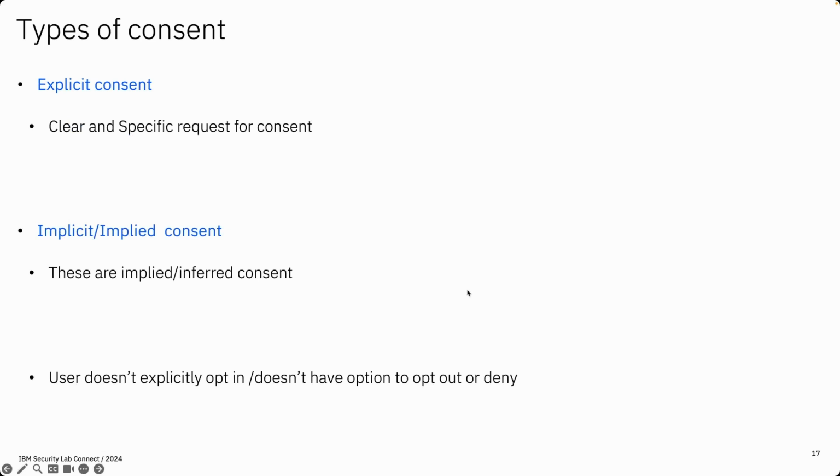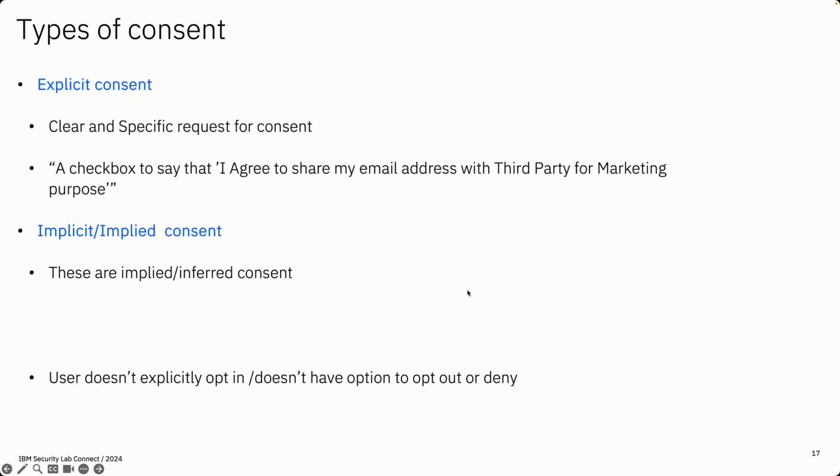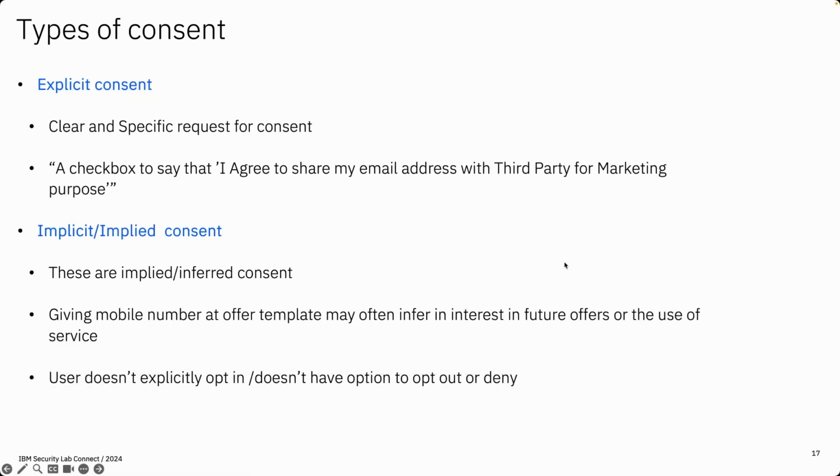Then we see explicit consent, where the information is very specific. For example, in this case, there is a checkbox where you agree to share your email address with a third party for marketing. Sometimes it is not clearly specified whether it's a third party or not. Then there are implicit and implied consent, wherein you just access the services, and it's assumed that you have consented to the website's policies or terms of use.